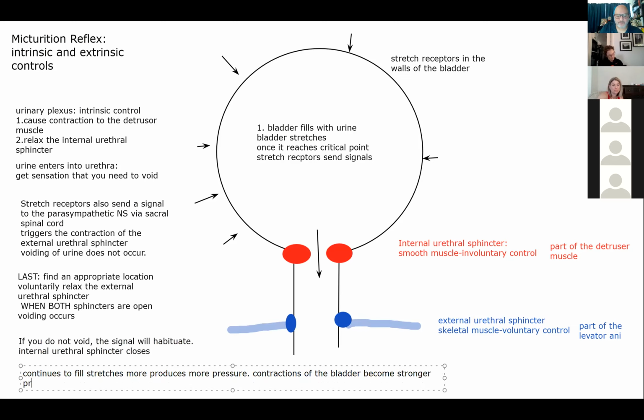The pressure in the bladder can become great enough to force the external urethral sphincter open. And as a result of that, you are voiding urine whether you want to or not.